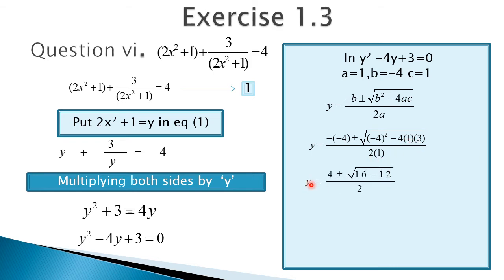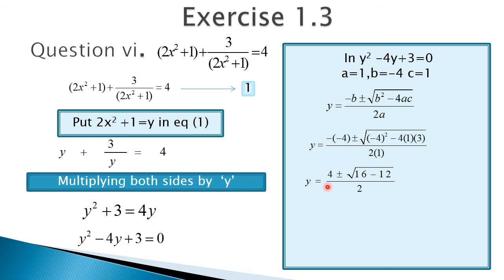Further, when we solve it, it becomes y equals to 4, because minus and minus give us the positive answer, so it is plus 4 plus minus under the root 16 minus 12 over 2. Here 4 square is 16 and 4 into 3 gives us 12.